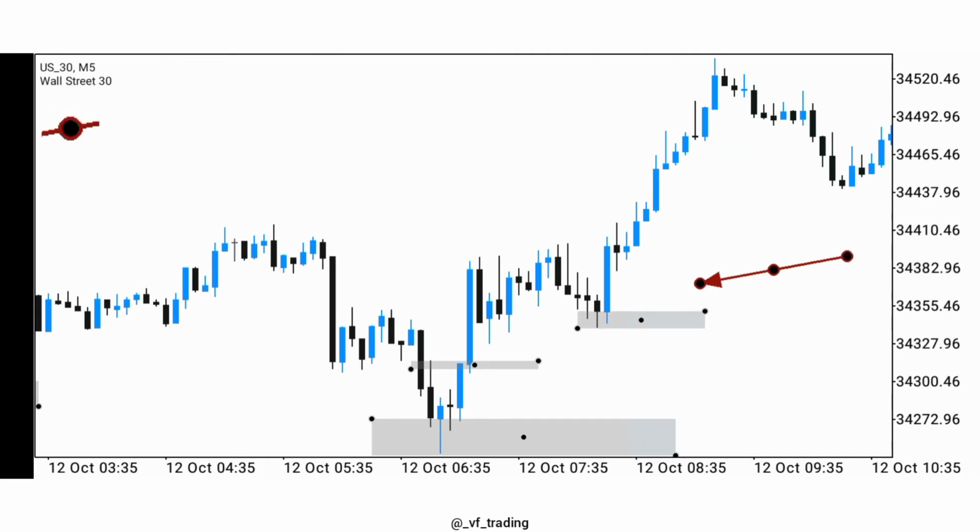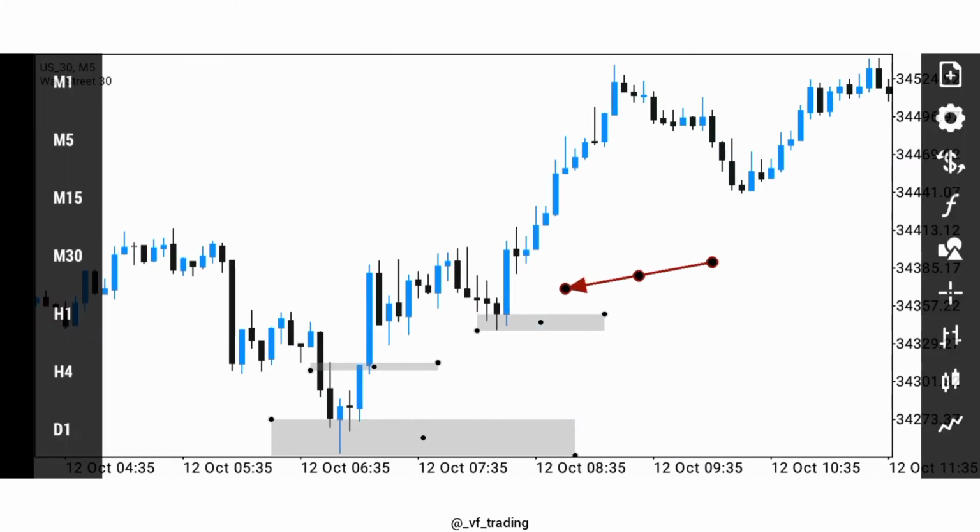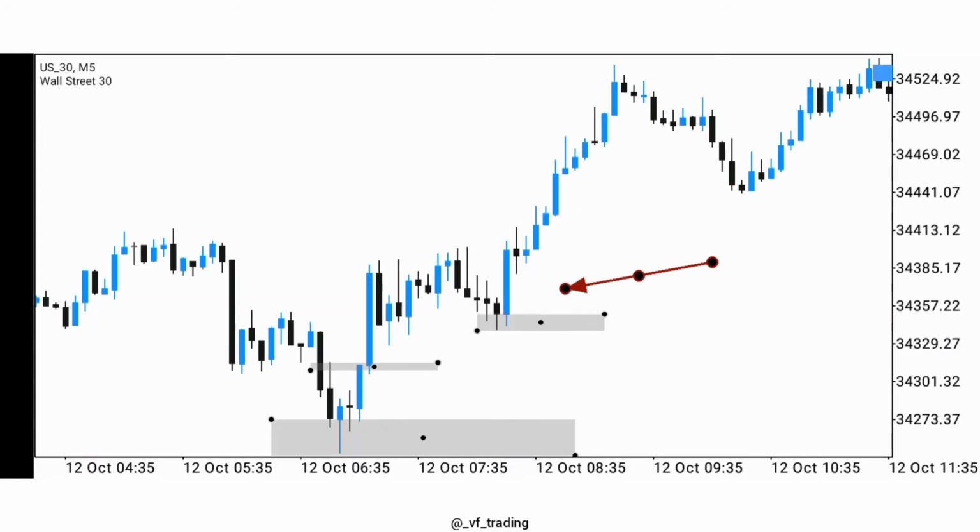Your stop loss will be placed below this wick, as this engulfing candle engulfs the previous bearish candle. The entry signal will be at the close of the bullish engulfing, right here.